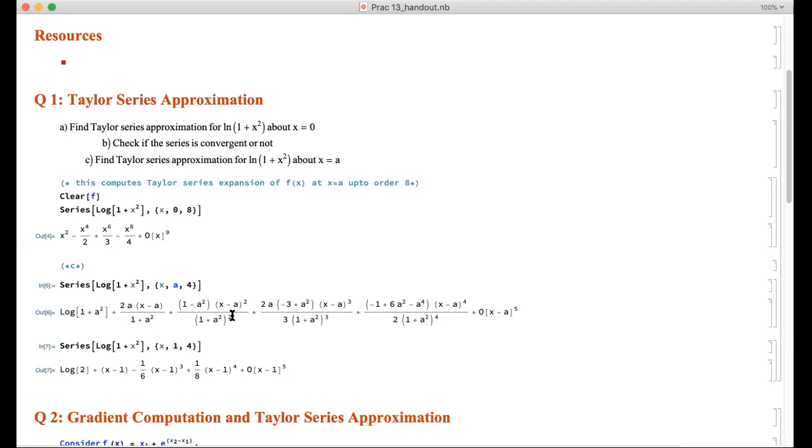Can you start with the derivative of ln(1 plus x squared) as it is? Yeah, just 1 plus x squared. You take the reciprocal, then times 2x. And then you expand it about x equals 0. What happens?